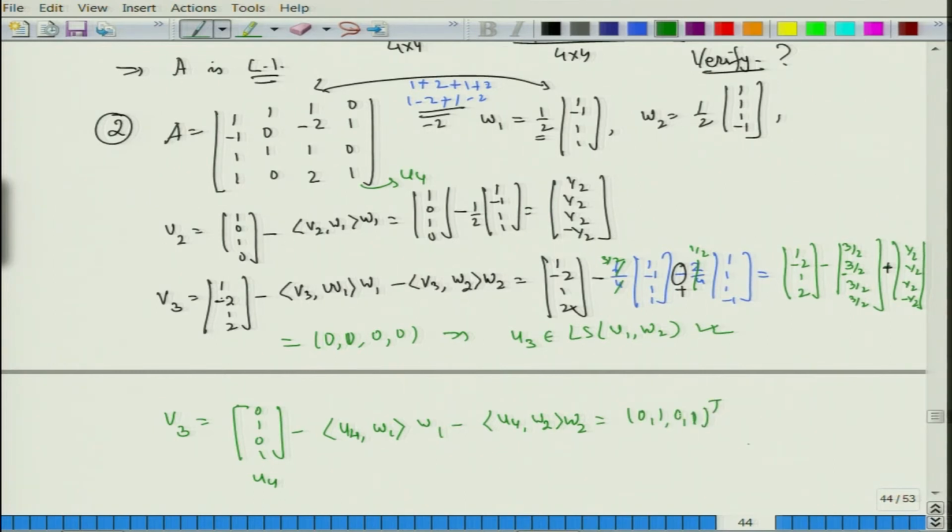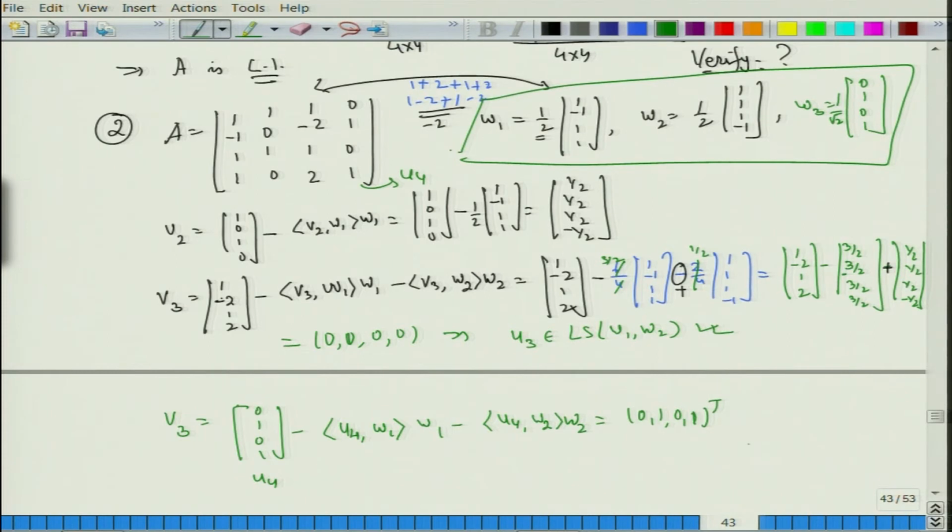So, I hope it is correct. So, I get that W3 is 0 1 0 1 and then there is this 1 upon root 2, take care of this part. So, this is what my W is.